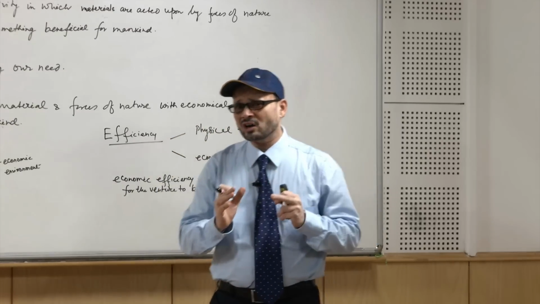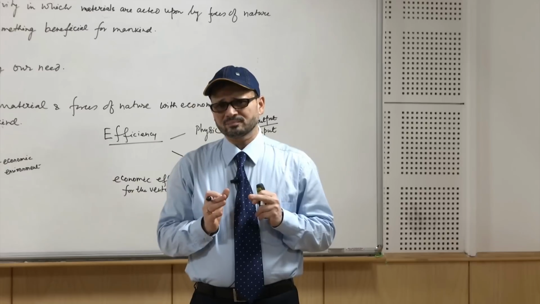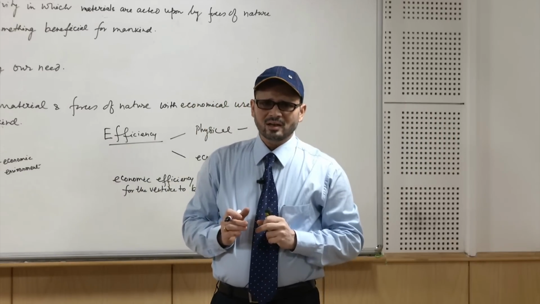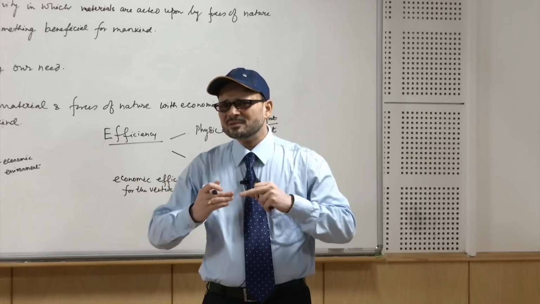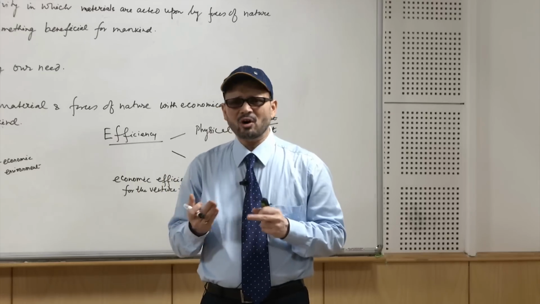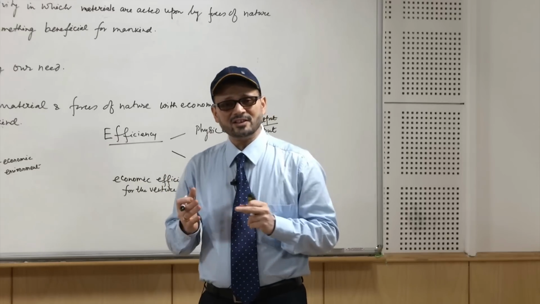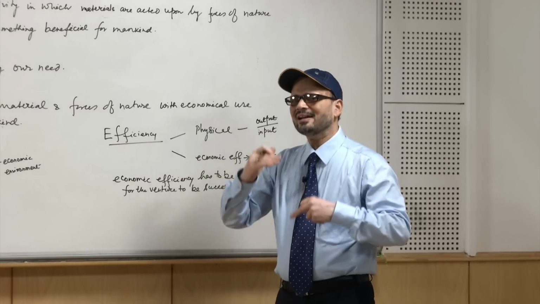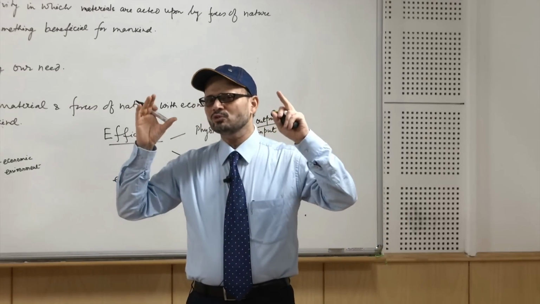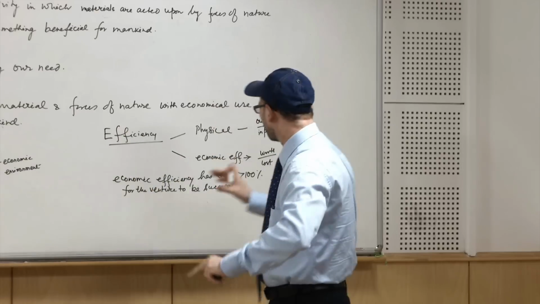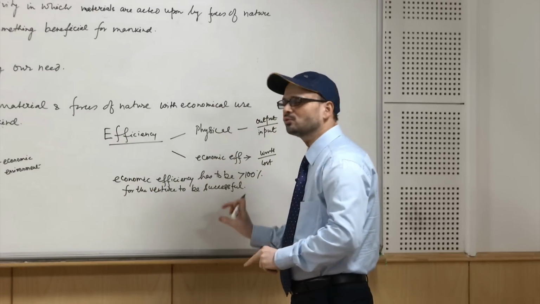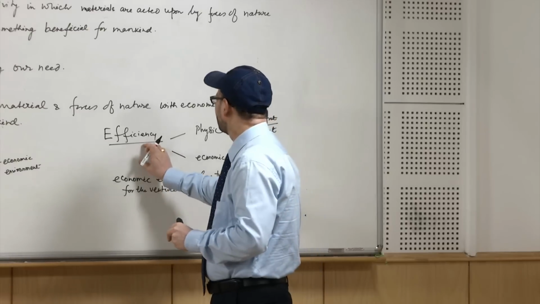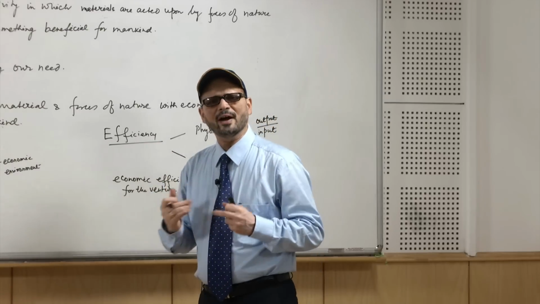But if you talk overall about in what price we had taken the coal and what is the ultimate output, maybe the steam or the electricity, in that case we will talk about the economic efficiency, and ultimately you must have the efficiency more than 100% so that you can run your plant. So, this is how you have the two efficiencies defined.